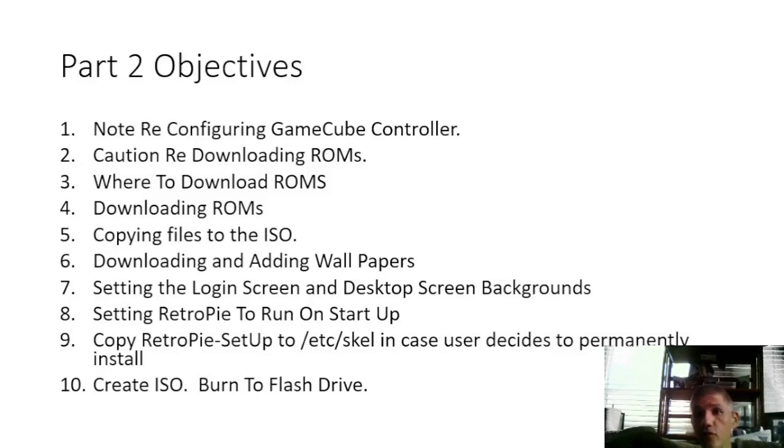We're going to discuss where to download the ROMs from, how to download them, how to copy those ROMs to the ISO if you wish, and how to download and add wallpapers to the ISO that we're creating. We're going to discuss how to set the login screen and the desktop screen background with the custom background we downloaded.